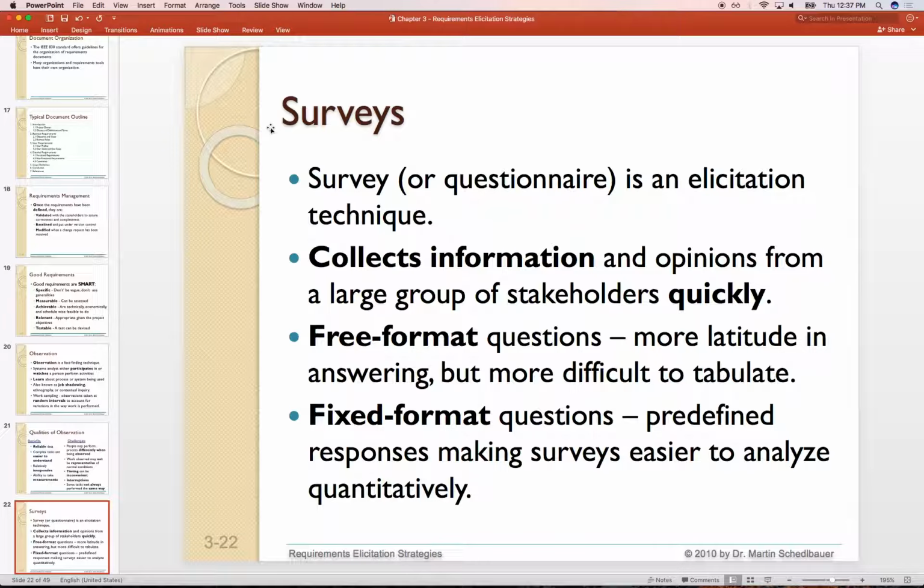Some folks like to make these free-form, open-ended questions where folks are intended to answer in natural language prose, or ideally you would do something like fill in the blanks, multiple choice, or scales from 1 to 5. Those are much easier to tabulate, right, and aggregate and sum or average or graph, as opposed to free-format questions.